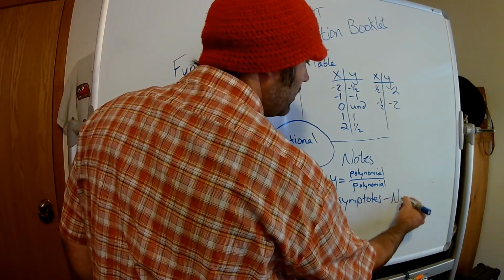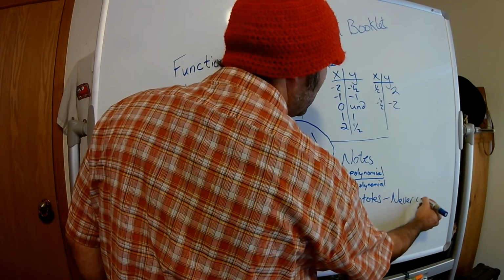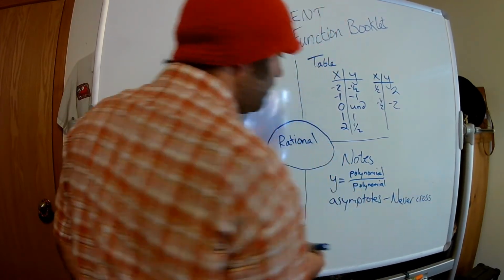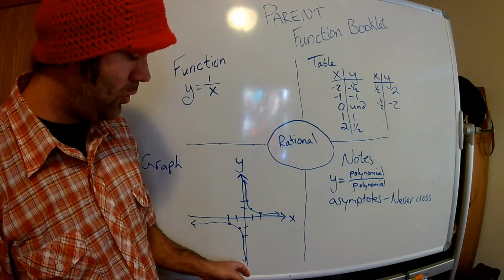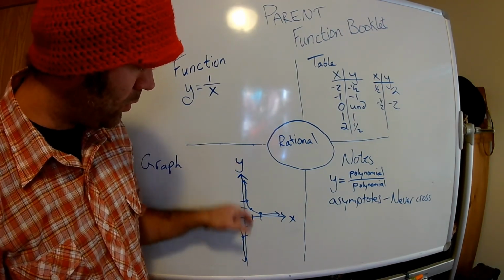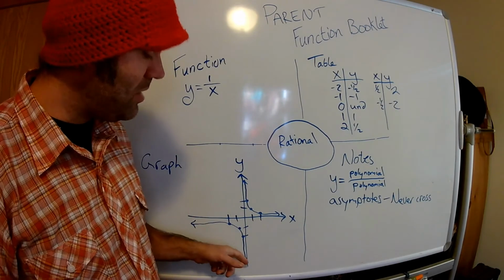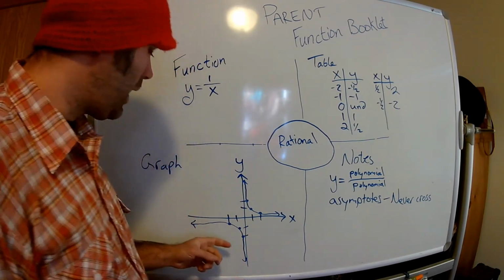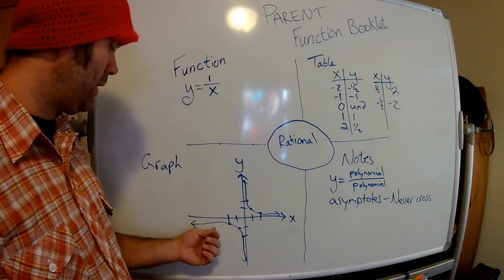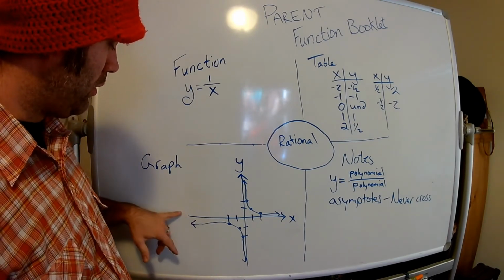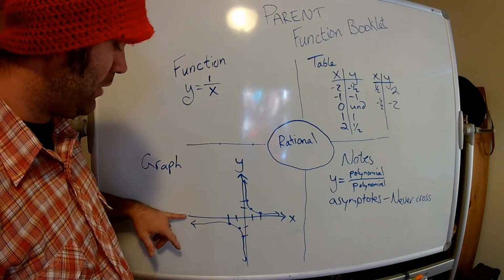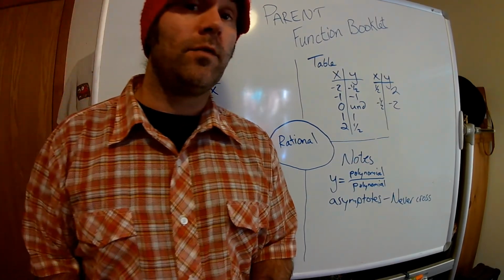Never cross. You may not cross an asymptote. So this line is getting closer and closer to the y-axis, but it's never going to touch it or cross it. And as it goes up and to the left, it's getting closer and closer to the x-axis, but it's never going to touch it, ever.